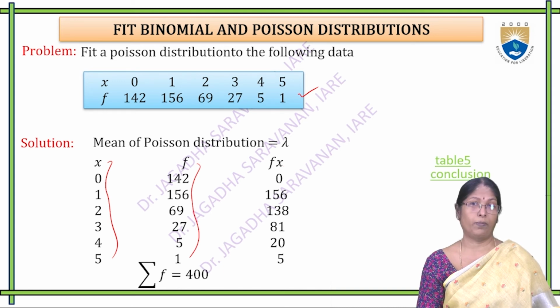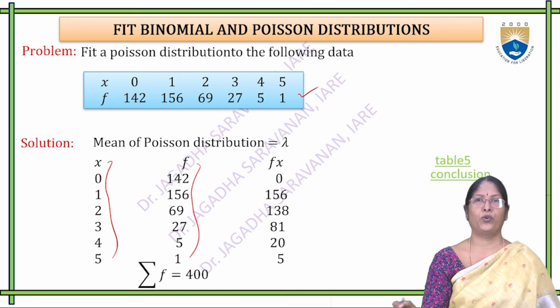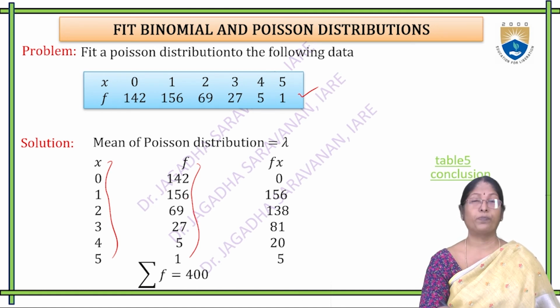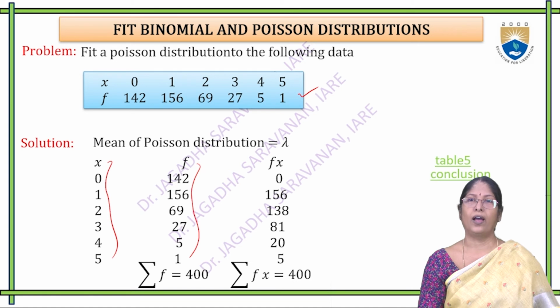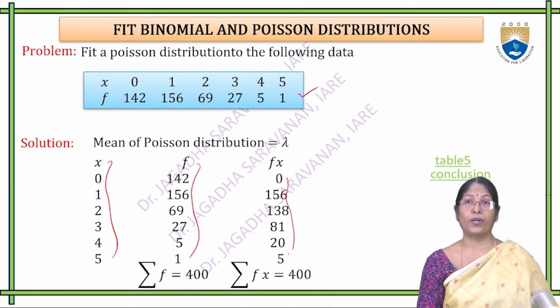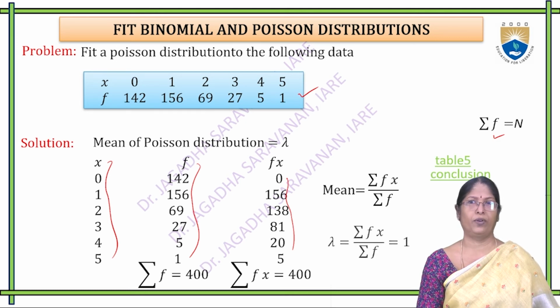Summation f is nothing but the addition of all the data under f. We obtained 400, and summation fx we completely added. We obtained 400. The summation f is denoted by capital N. So the mean equals summation fx by summation f, 400 divided by 400 equal to 1.